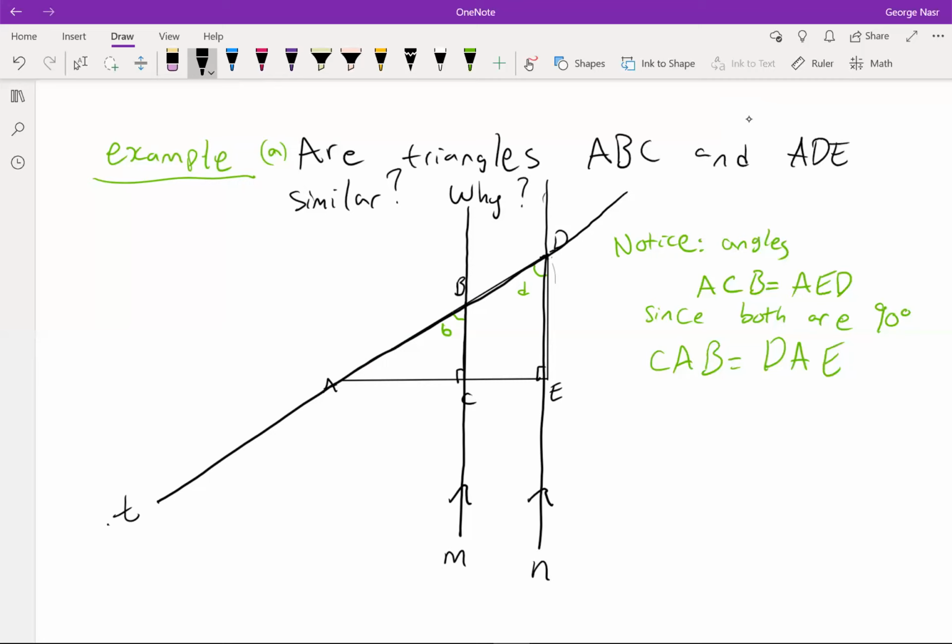So we can actually say that B equals D, or in other words, going back to our notation, CBA, angle B, equals EDA, angle D, are equal because BC and DE are parallel.